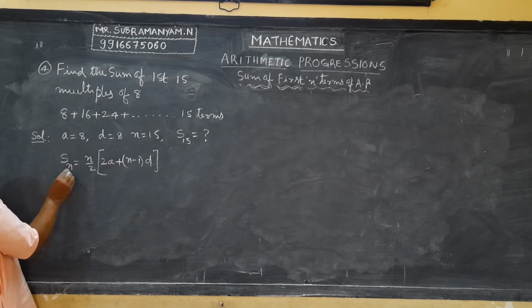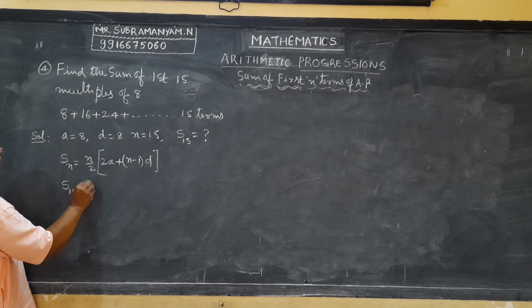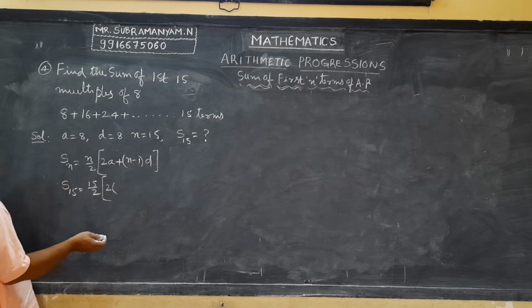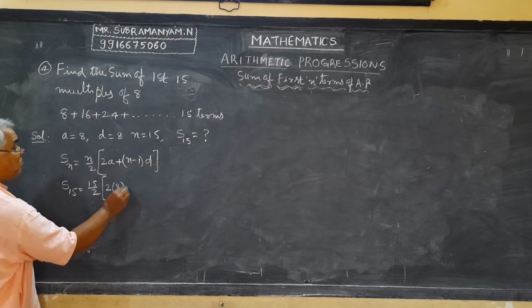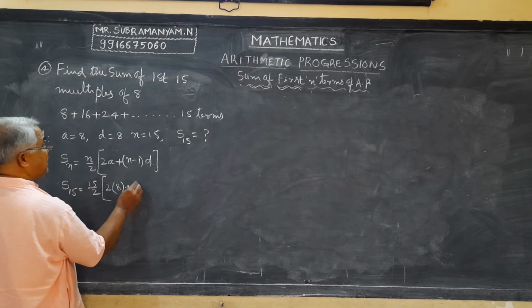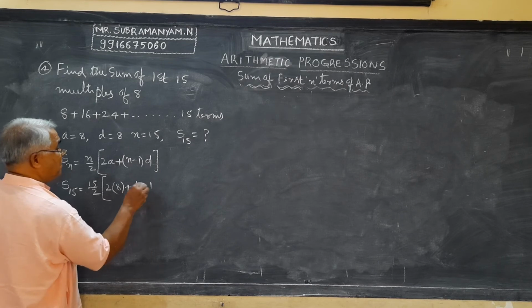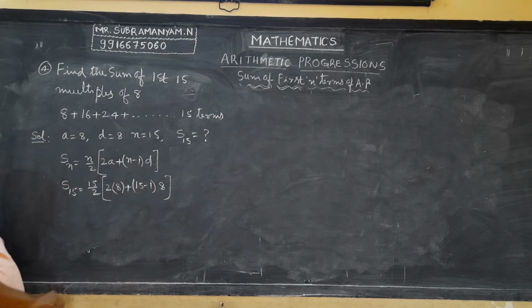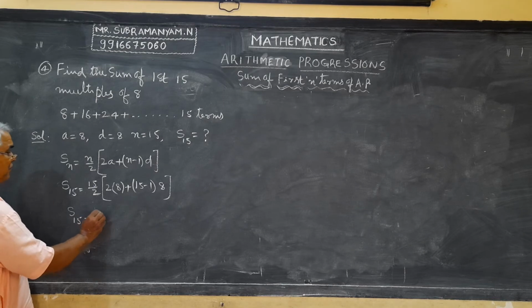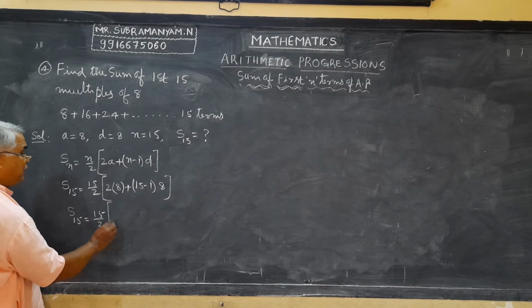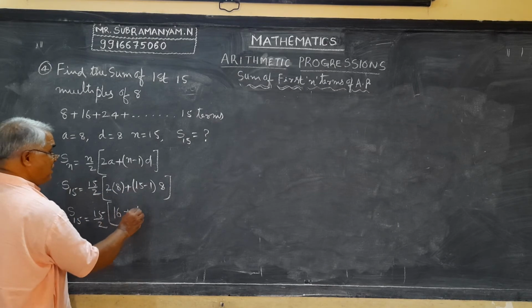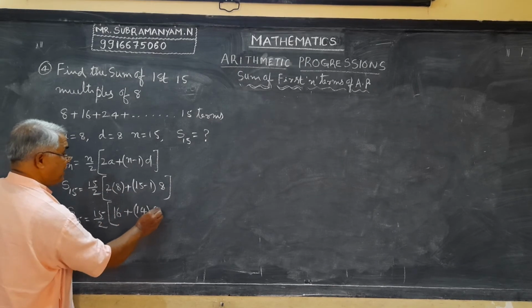S15 equal to 15 by 2 into 2 into a value 8 plus n minus 1, n value 15 minus 1, d value is also 8. So S15 equal to 15 by 2 into 16, plus 15 minus 1, 14 into 8.